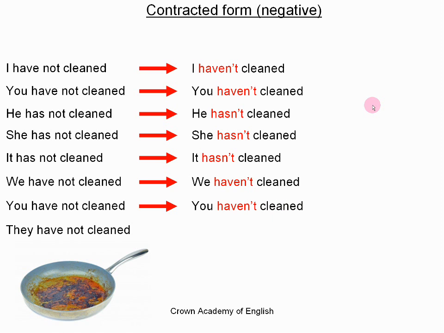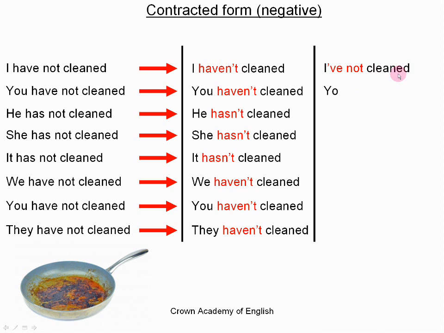You haven't cleaned. They haven't cleaned. Okay. Now in the negative, there are two ways of forming the contracted form. This is the first way. I will now show you the second method.